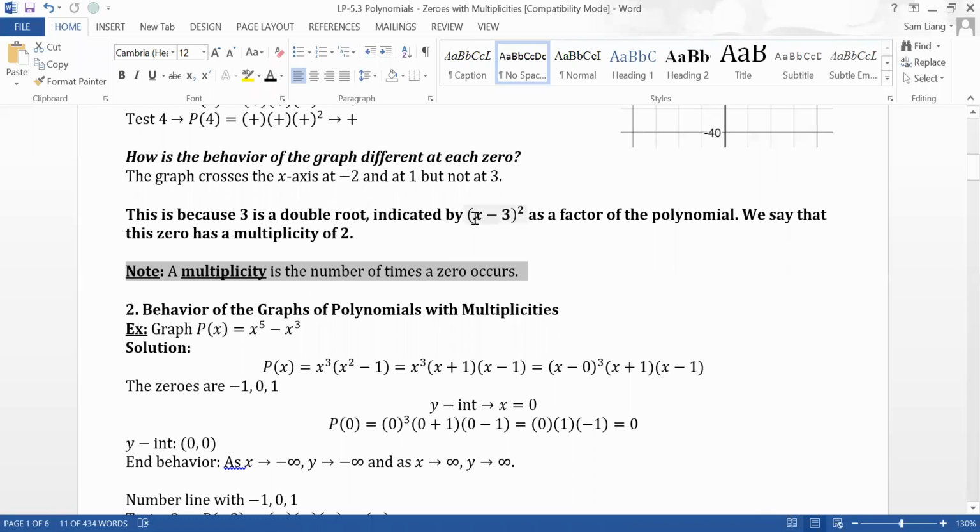For the do now, 3 has a multiplicity of 2, because it's x minus 3 squared. So you can write that as x minus 3 times x minus 3, so it occurs twice. So again, multiplicity is the number of times a 0 occurs.